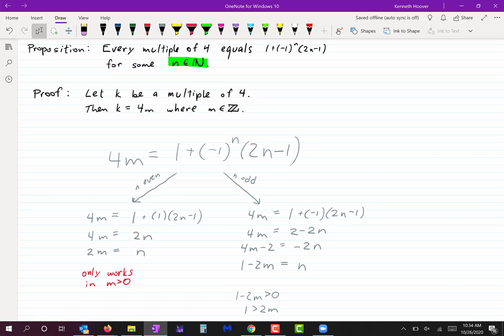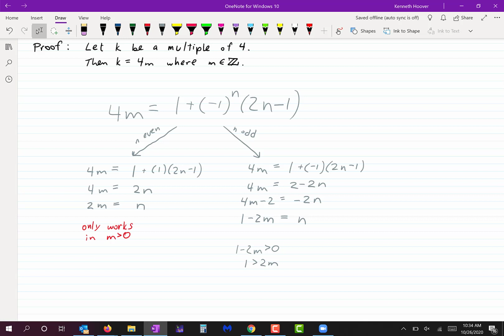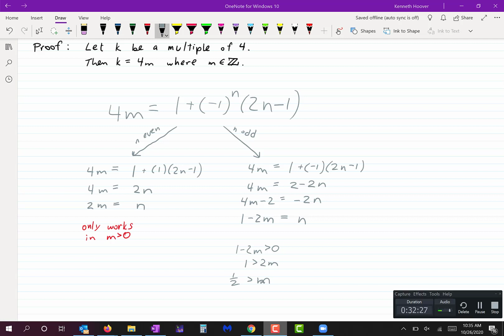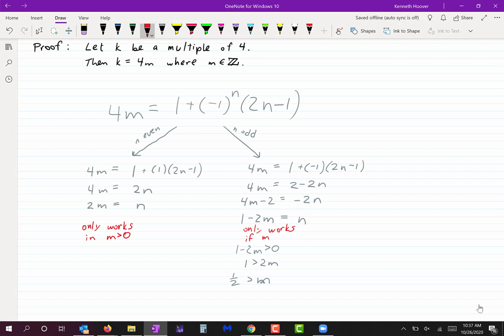Which means m would have to be less than a half. What integers are less than a half? Well, the integers that are less than a half are the integers that are 0 or less. So this up here only works if m is equal to or less than 0.